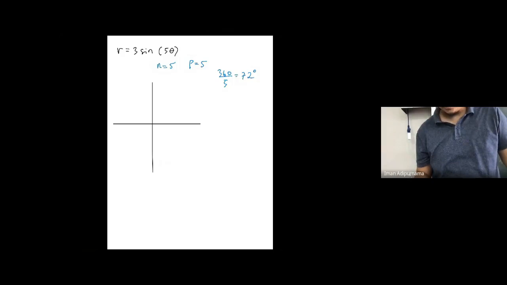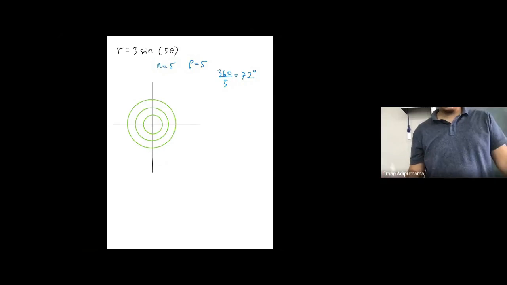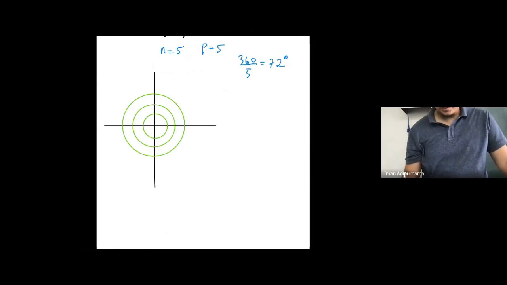So because it's 3, let me make 3 circles. So the first petal is around this.